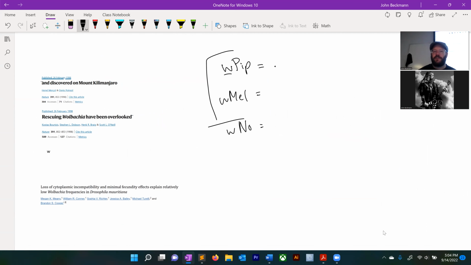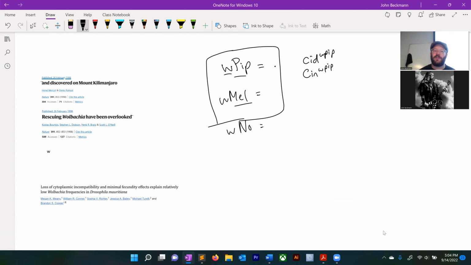But the first idea for how you might start to resolve these mechanistic differences is to start looking at how different CI operons function. The wPip CI operon called SID has been studied. There's another operon called SYN wPip, which has been studied.